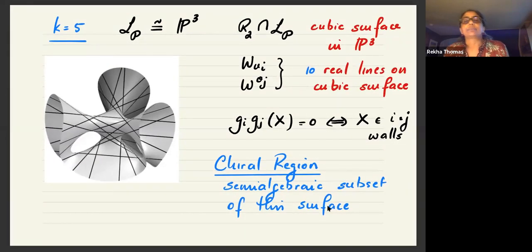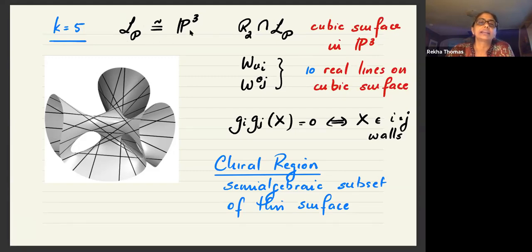So let me do an example just to see what all of these objects look like so far. So let's take the case of K equals 5. So I have 5 point pairs on both sides. So in this case, the plane that's given by the epipolar equations has 5 equations in it, right? It has 5 epipolar equations. So generically, this is codimension 5 in P8, which means that it's isomorphic to P3.